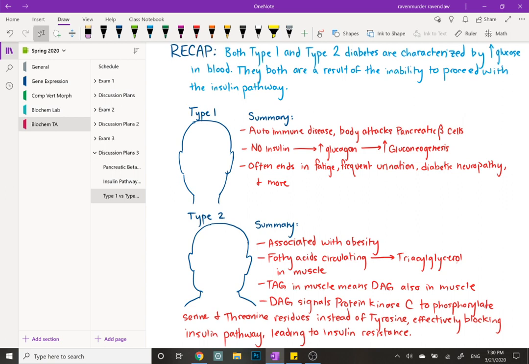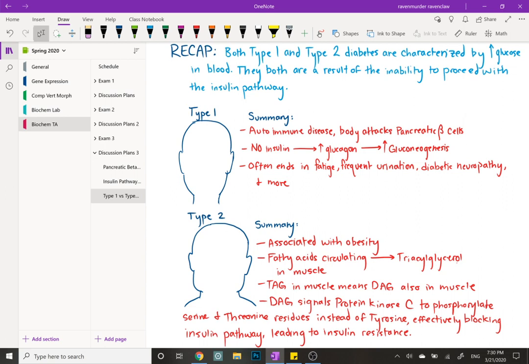This means that glucose is reformed even though there's a lot of glucose in the blood. This often ends in fatigue, frequent urination, diabetic neuropathy, and more. And usually people with type 1 diabetes are skinnier than normal. Weight loss is another result of this because their fat is constantly being broken down.